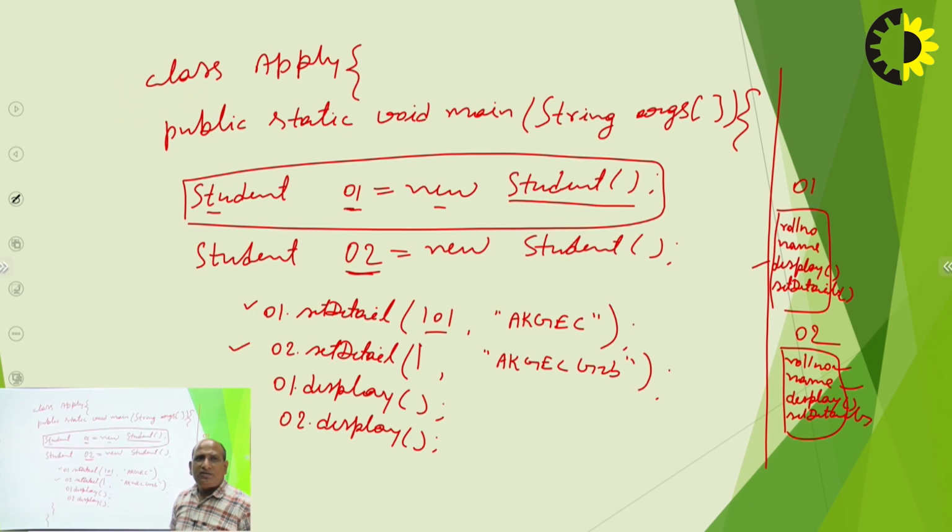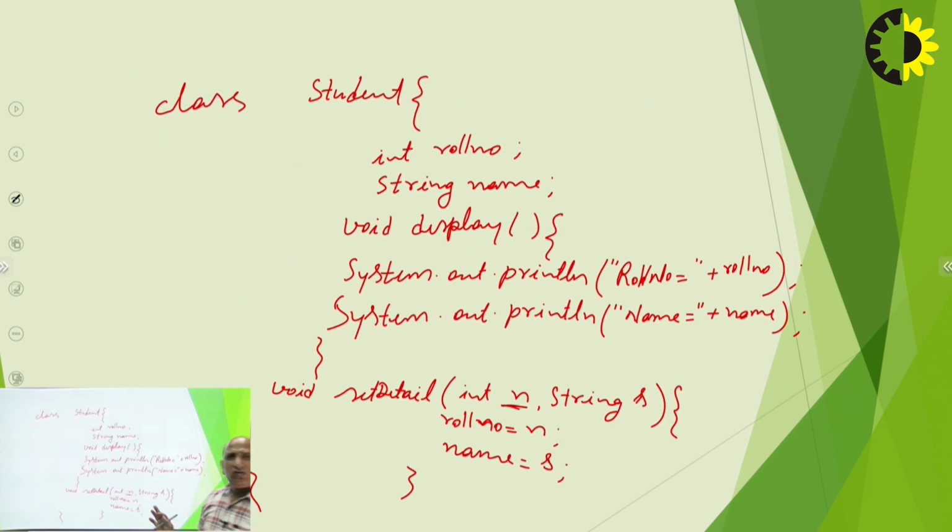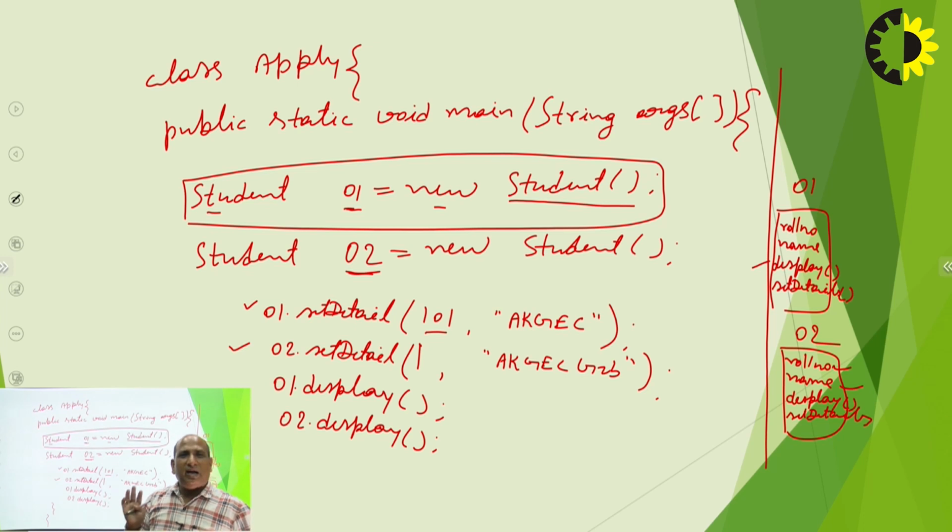You have seen here that to access the member of the class, you will have to create an object of that class like this, and by this object, using the dot operator, you can call the member of the class. You can call roll number as O1 dot roll number, setDetail as O1 dot setDetail, and so on.